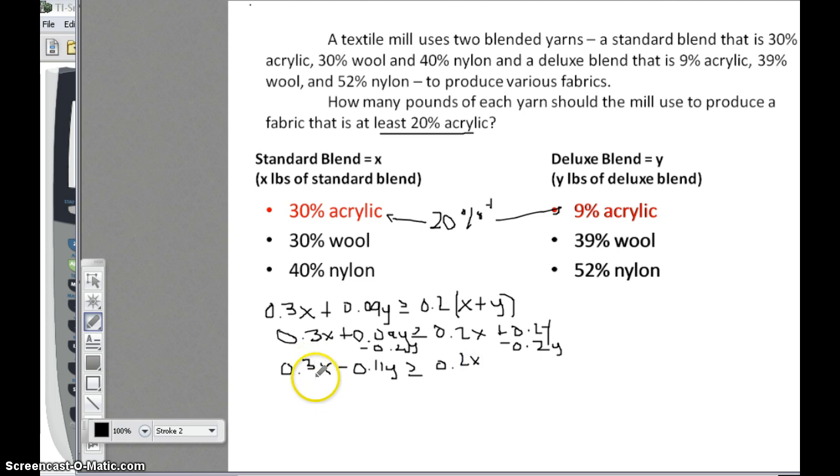And then I'll move my x piece over to the other side, so minus 0.3x on both sides to keep my equation balanced. And from doing that math, I have negative 0.11y greater than or equal to, and this is a negative as well, negative 0.1x. Last step is I need to divide on both sides by this decimal, so divided by negative 0.11 on both sides.